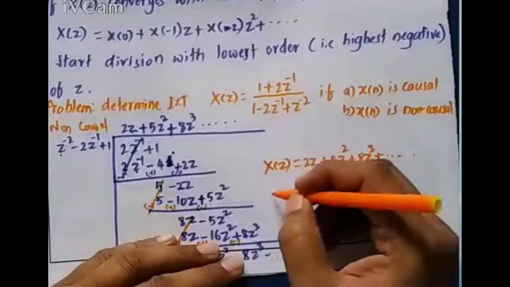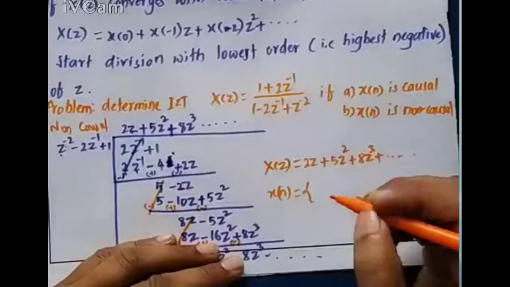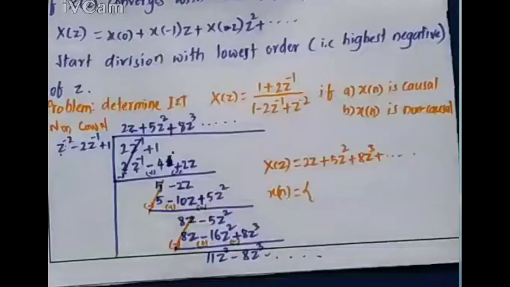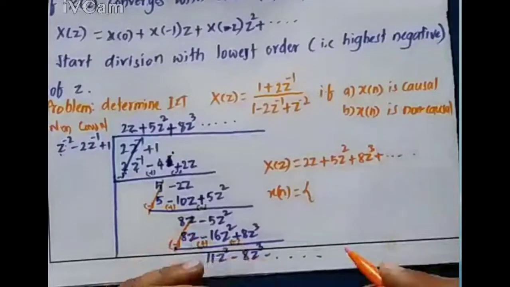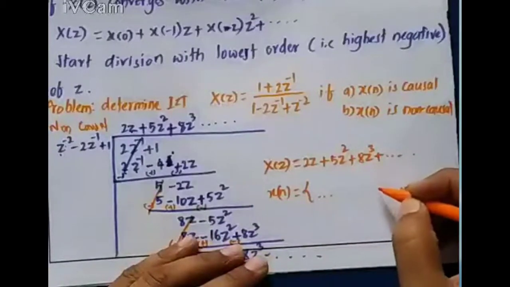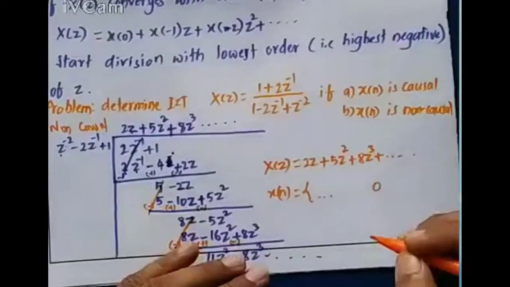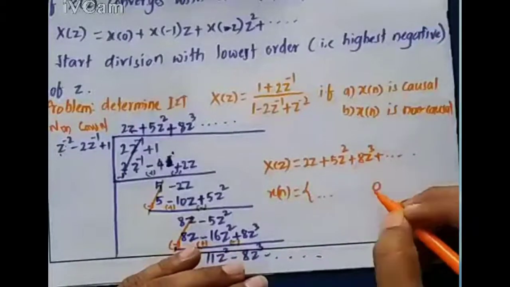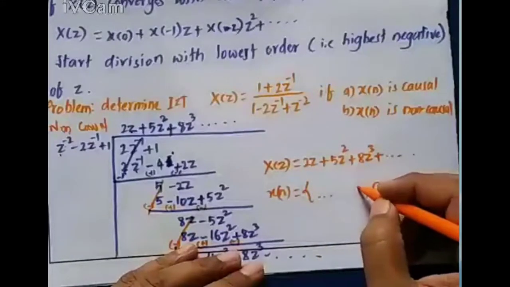So I can directly write x of n equal to, non-causal means it exists only for the negative values of n. Whatever values you are getting, those will be for the negative values of n here. Starting in the reverse manner, there is no constant term here, so that's why we have to make it 0 first, and then the first z term is 2, so it will be 2 here.